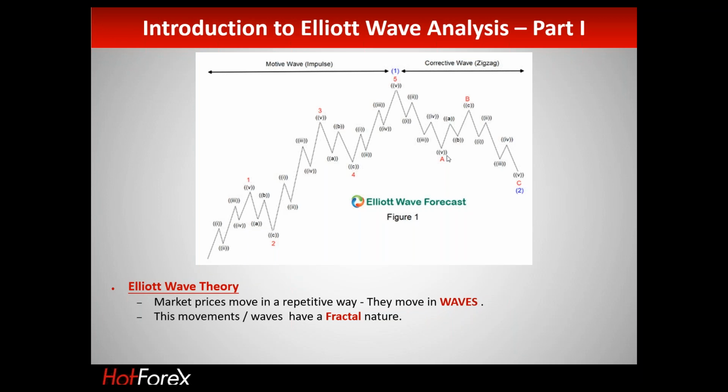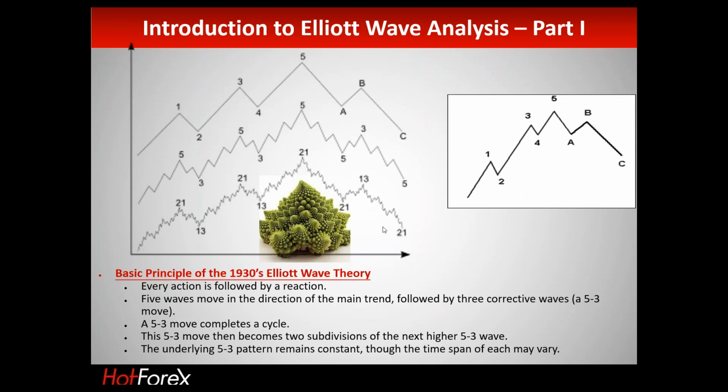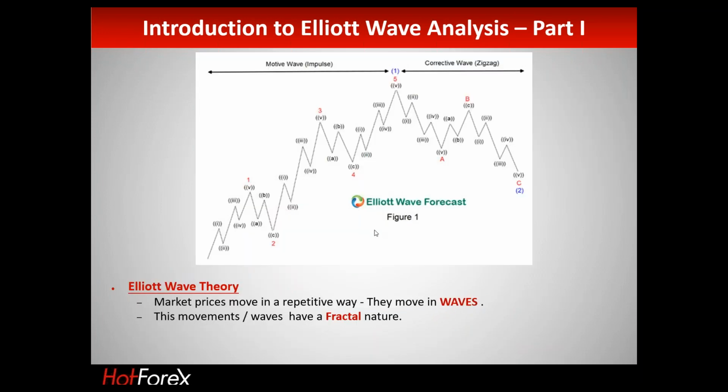But the far more interesting thing, and why I actually put this nice broccoli over here, is that despite being based on the psychology of the participants, it's not only based on emotions, but it's a collective pattern as well.